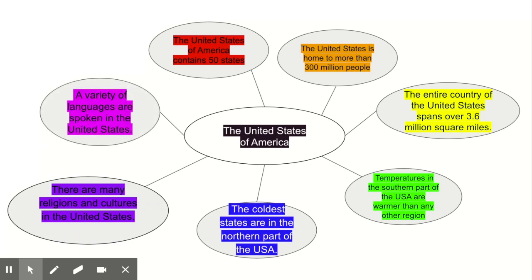Now that our graphic organizer is complete, you should have a web that has many important details describing the United States of America. You can refer back to this web for a quick way to visualize the descriptive information that you learned today about the USA.